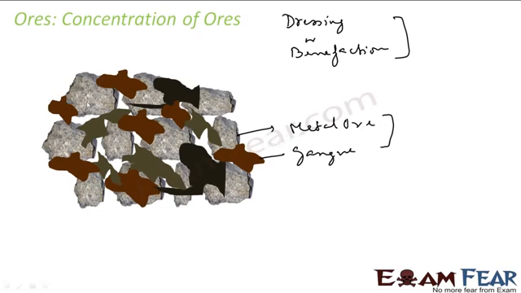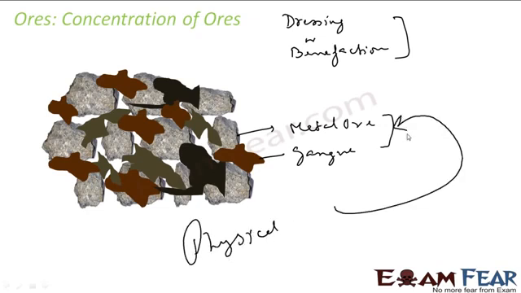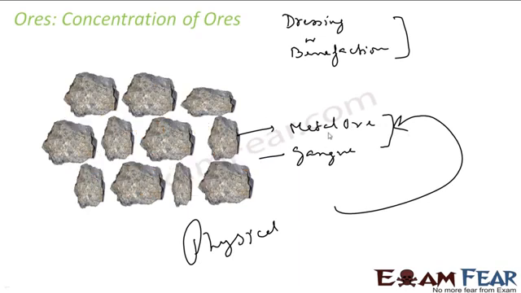So maybe the size, sometimes the weight. These metal ores are heavier sometimes, so you take advantage of that feature. So we'll talk about different concentration processes where you take the advantage of physical property difference between these two to separate them, right? So the output of this is nothing but an almost concentrated ore.